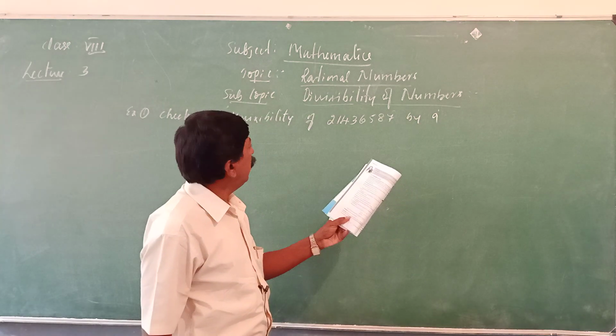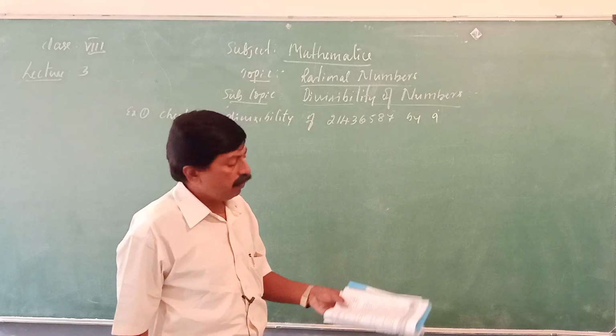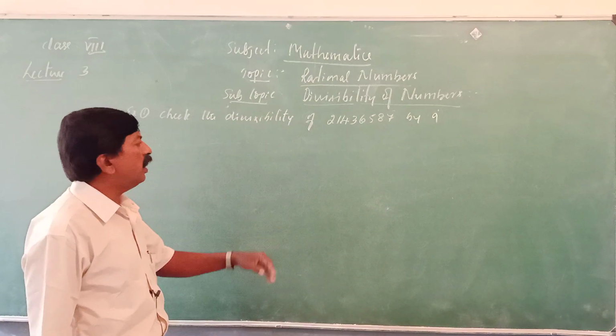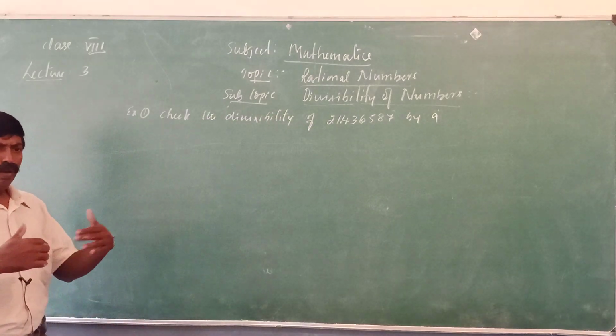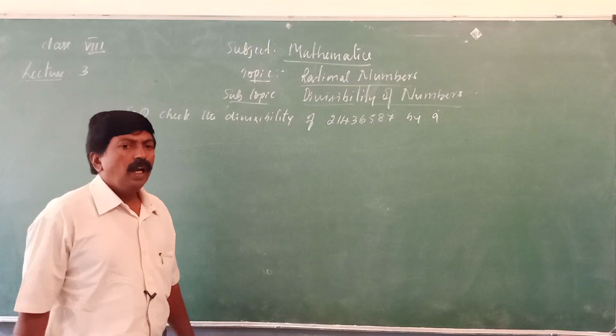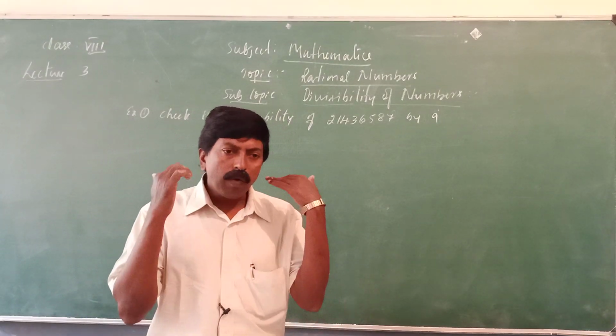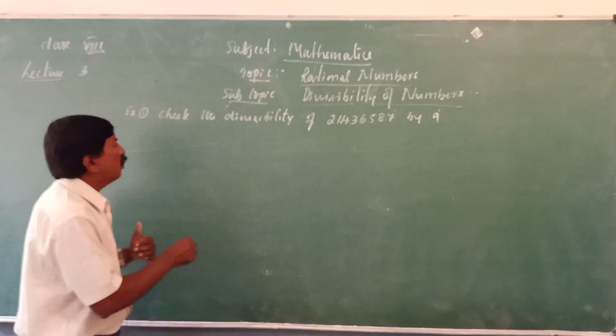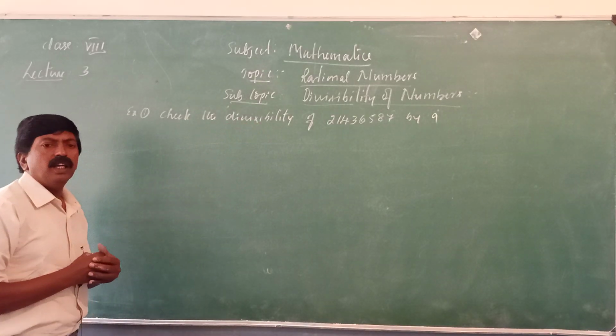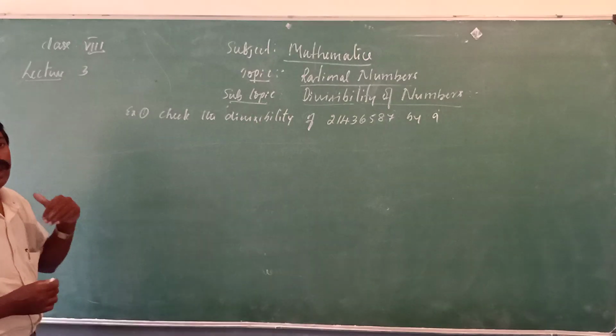The biggest number is given. So if you go on dividing, it will take much time. To avoid that time, you just have to find the sum of the digits in the numeral.